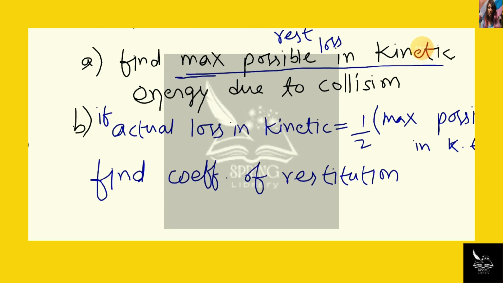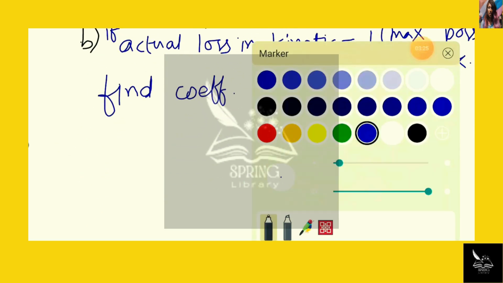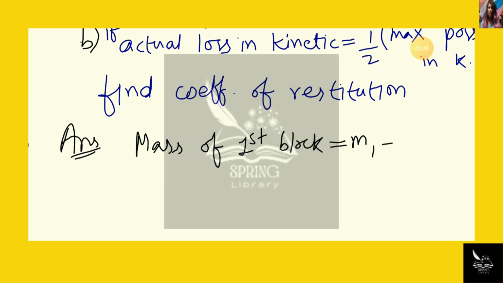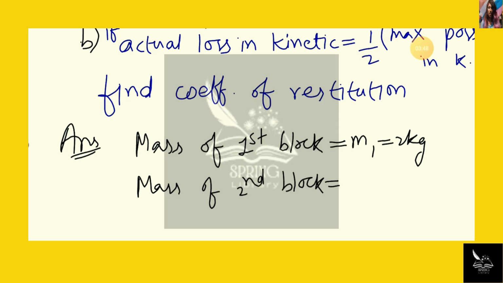First I will write the given data: the mass of the first block is m1 equal to 2 kg, and the mass of the second block is m2 equal to 2 kg.